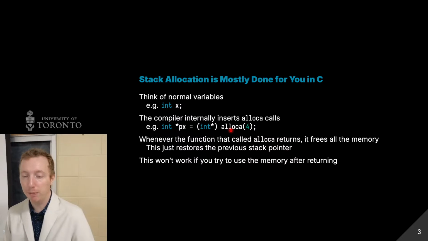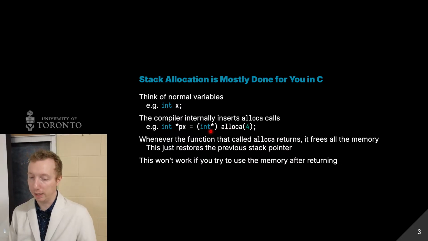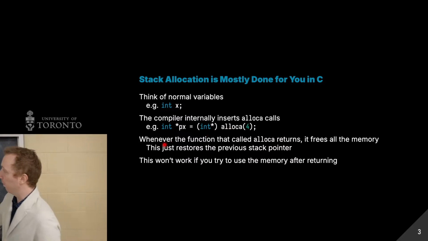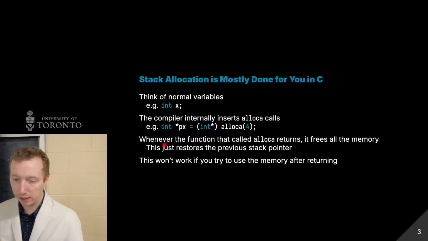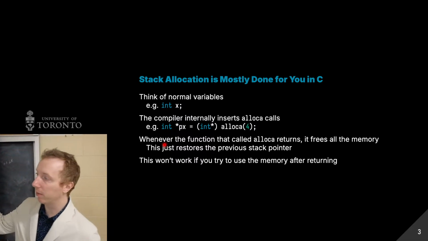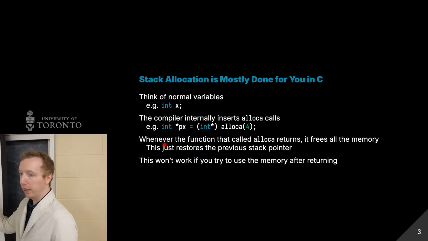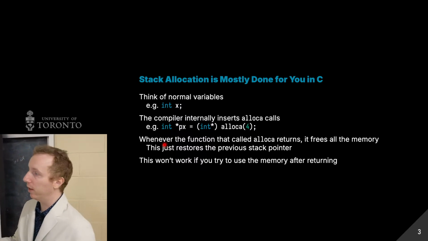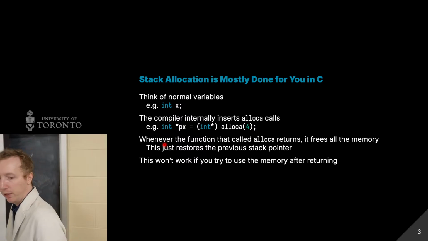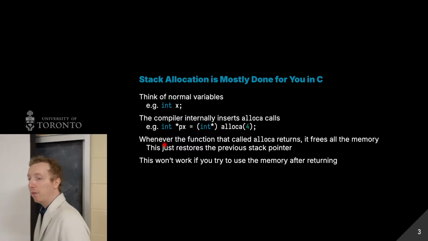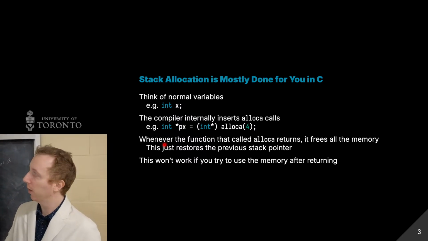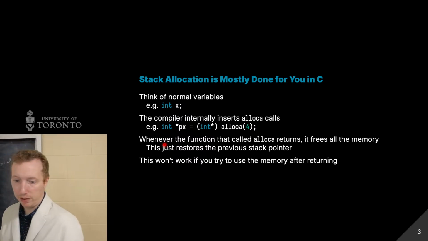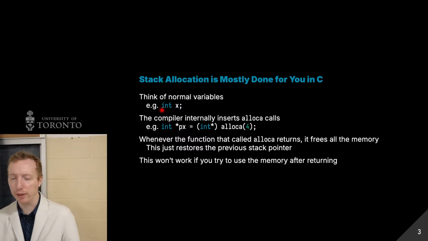Since it lives somewhere in memory, it exists at a pointer. Whatever alloca returns doesn't matter. We don't have to free it because when the function's done, it just restores the stack pointer, which instantly frees everything associated with that function. So you never had to free x or anything like that.